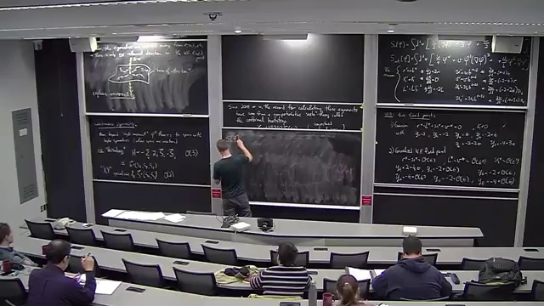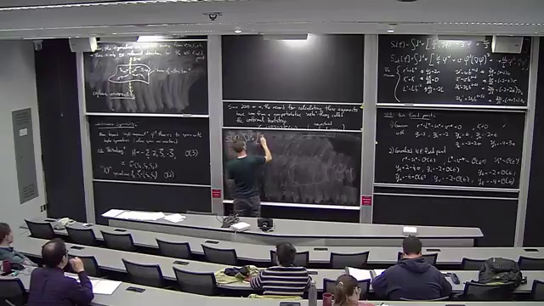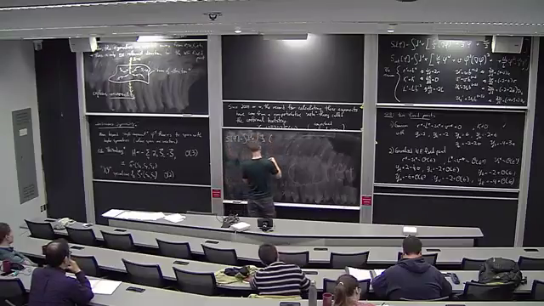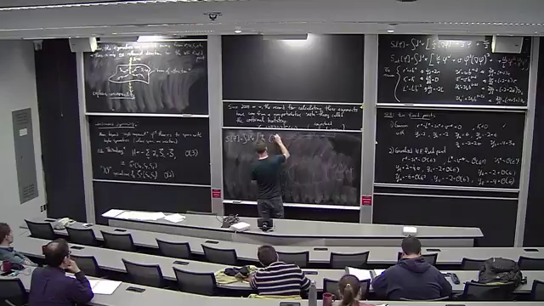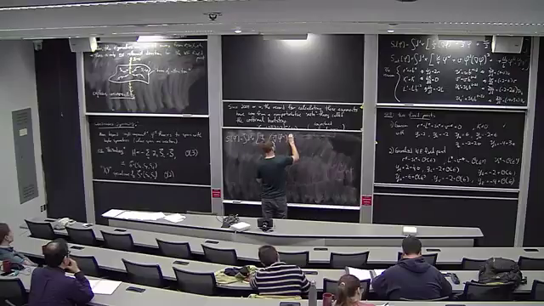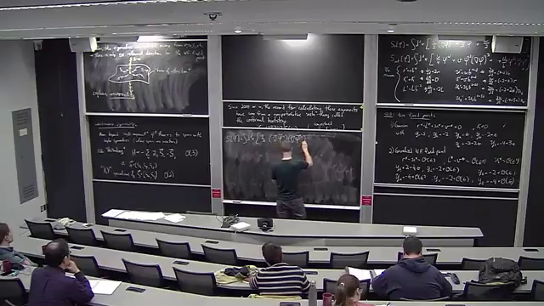So hopefully this looks familiar. I've got to start writing things as vectors. Let's do repeated indices summed over. Okay, that's like a gradient term.